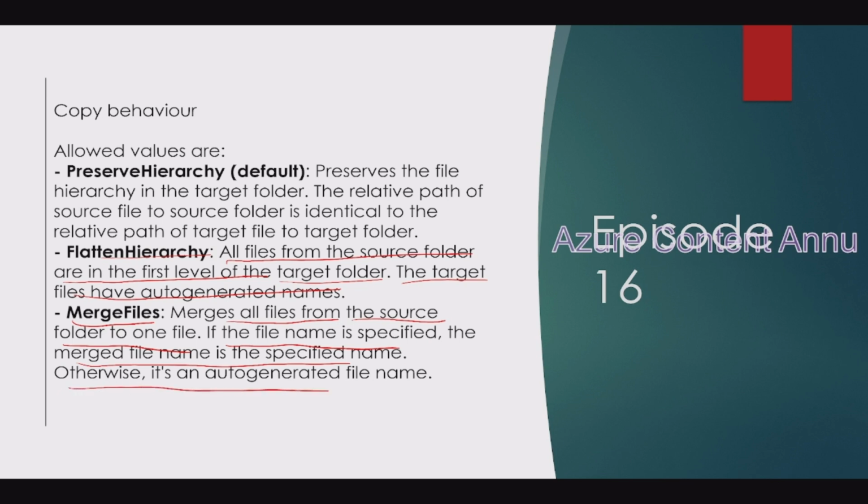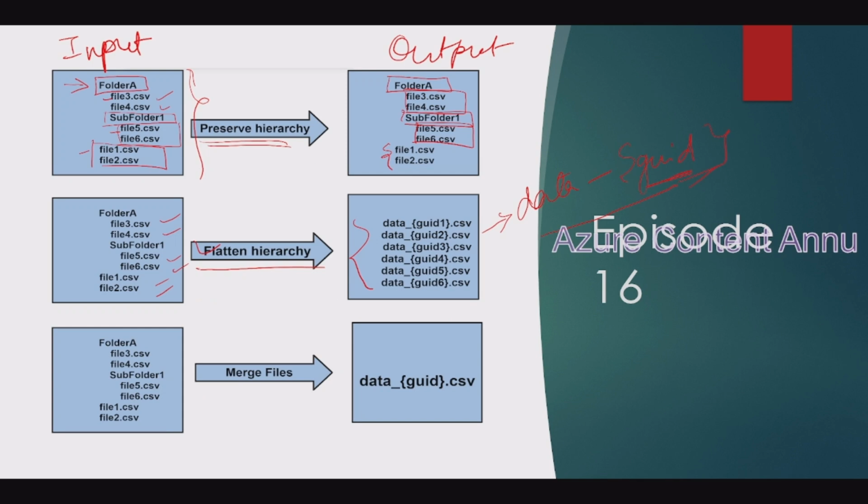Otherwise, it is an auto-generated file name. So basically, it will merge all the files coming from the source container into a single file in the sink. The prerequisite for using merge files is to have the same column structure or same schema for all the files in the source container. Okay, so let's see everything in practical.